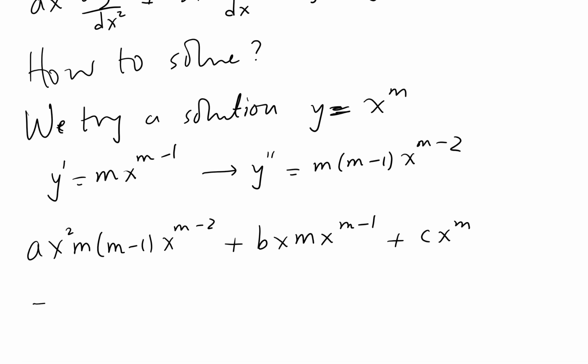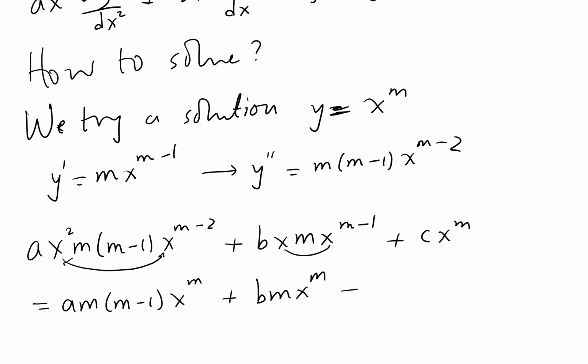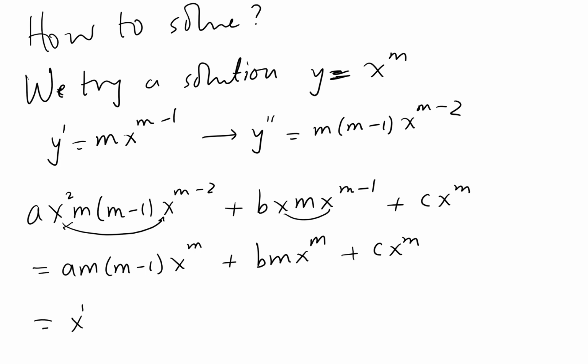What can we do here? You can multiply the x's, they have the same base, so the exponents add: x to the m. Multiply these together, x to the m. We may factor out x to the m. That'll leave a m times m minus 1 plus b m plus c.